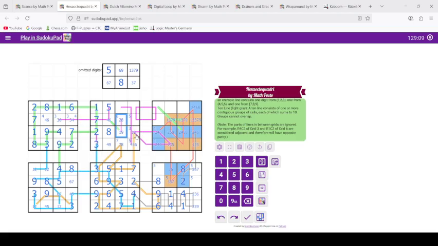Then you would have to have 3, 4, 5, 6, 7 along this line. Five, 6, 7. That would be 8.